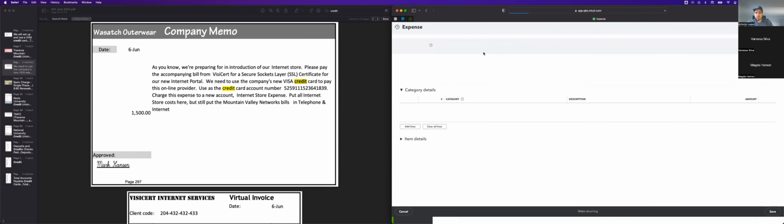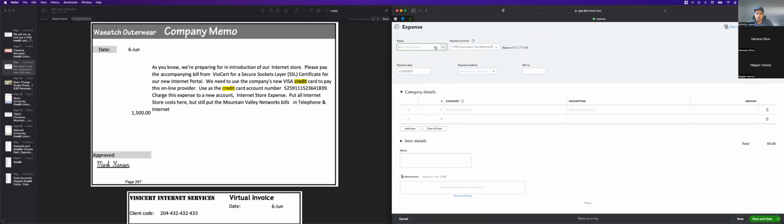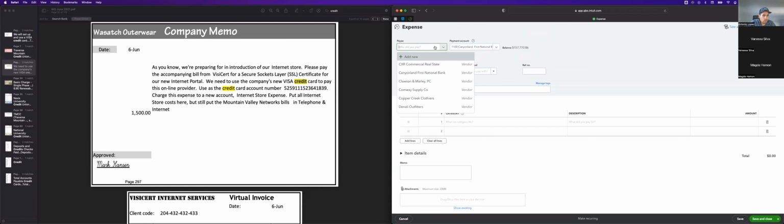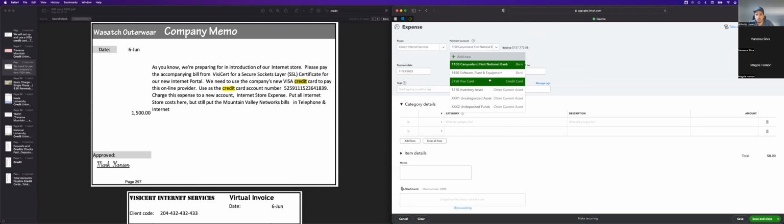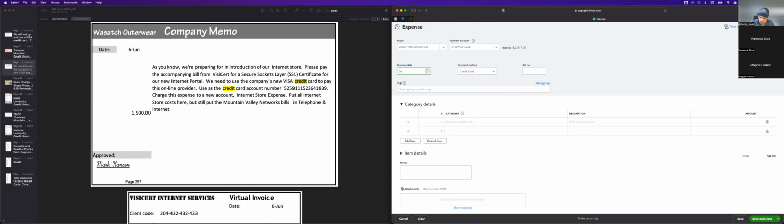So when we do an expense, we want to come in here, the payee, we'll do Visa, internet services, and then choose the credit card as the payment method. That's really for another reporting purpose, but we do June 6, 2022.